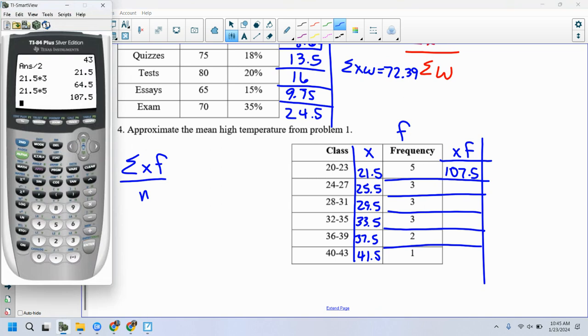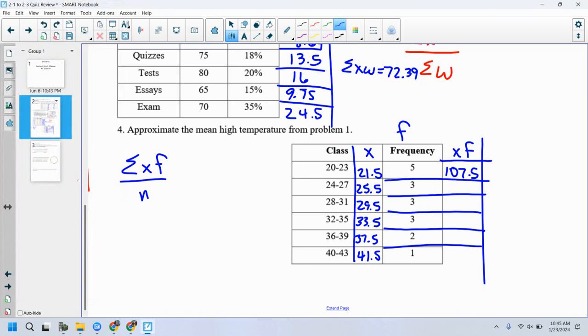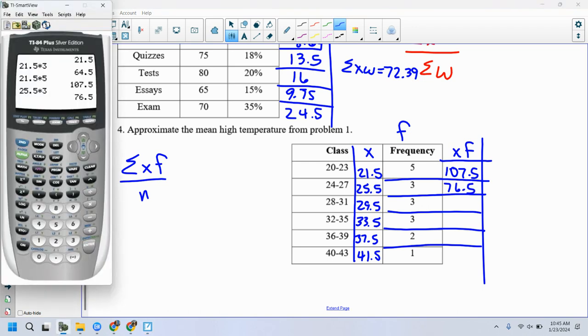And then we have 25.5 times 3. 76.5. We've got 29.5 times 3. I'm going to keep doing a couple more. 33.5 times 3. 37.5 times. Okay, that one's only 2.